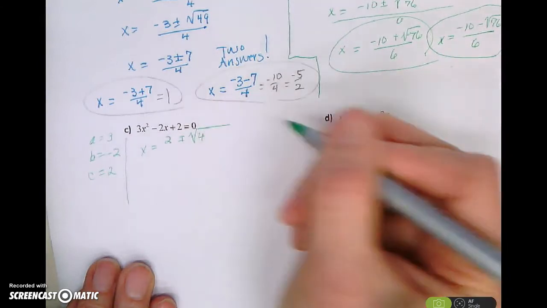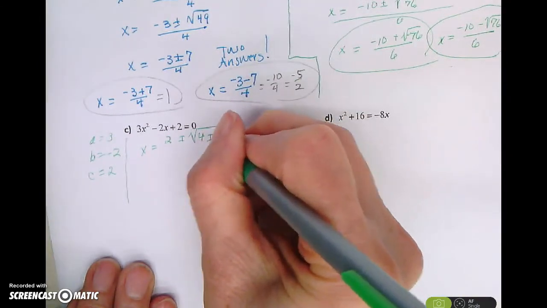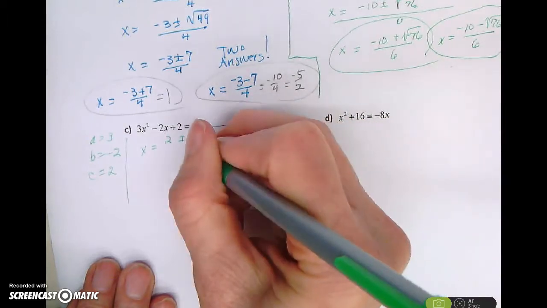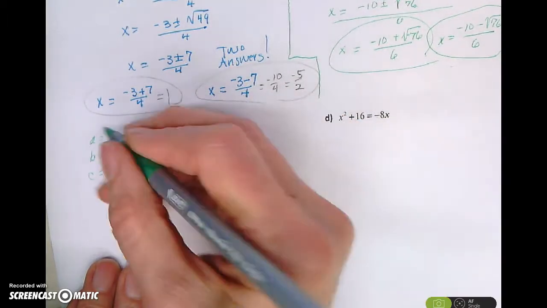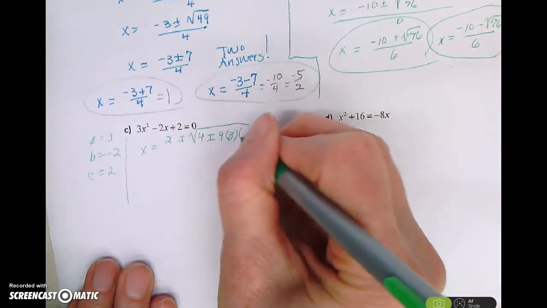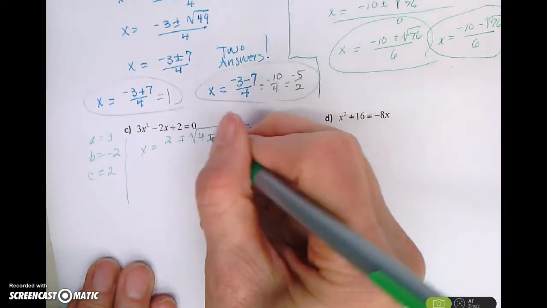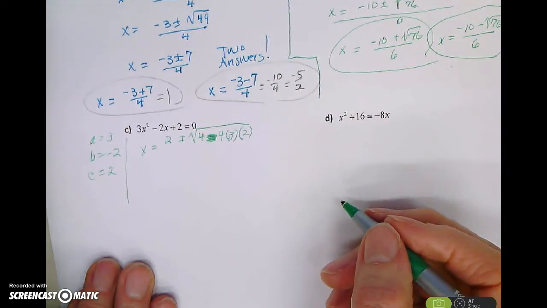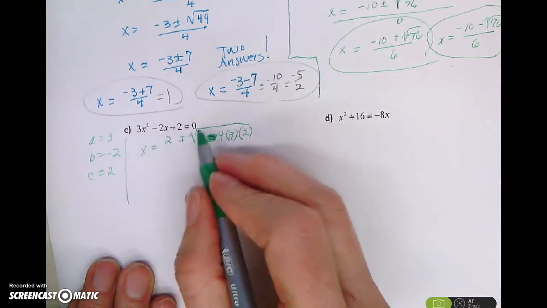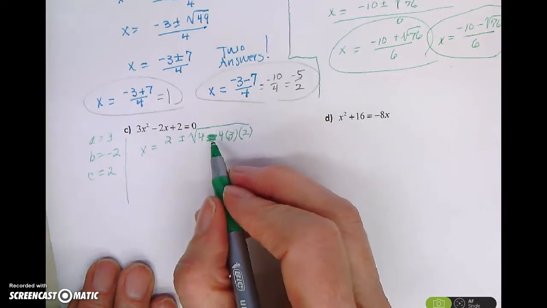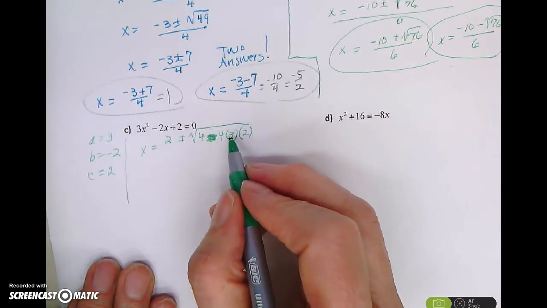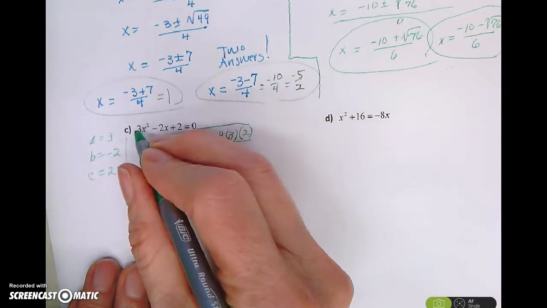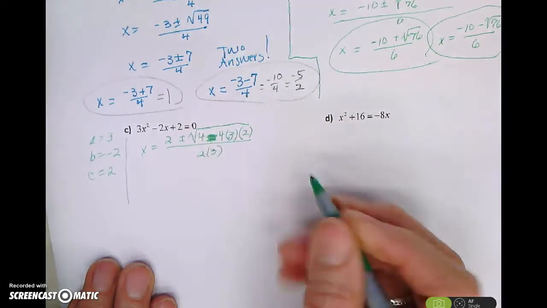That's going to give me positive 4, plus or minus 4 times a, which is 3, times c, which is, I'm sorry, this is just a big minus. Minus, so 2 plus or minus the square root of 4, minus 4 times 3 times 2, all over 2 times a, which is 3.